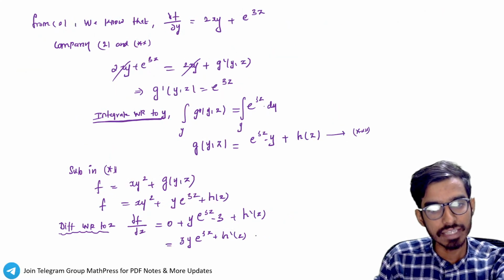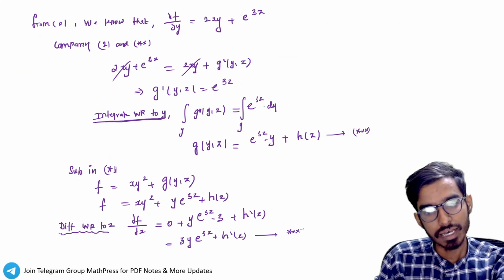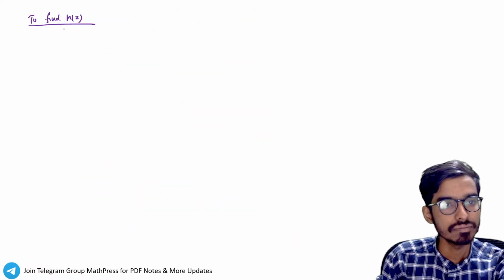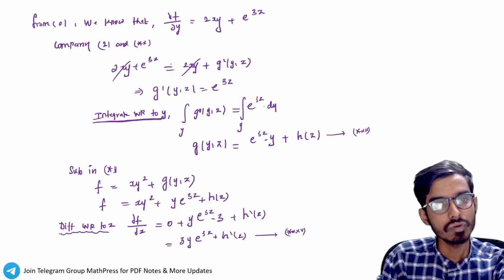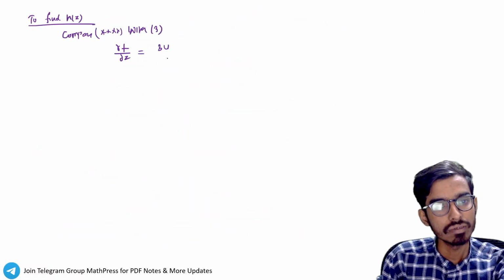Let's call this 4 star. So compare this 4 star with 3. We already have dou f by dou z equal to 3y e power 3z.